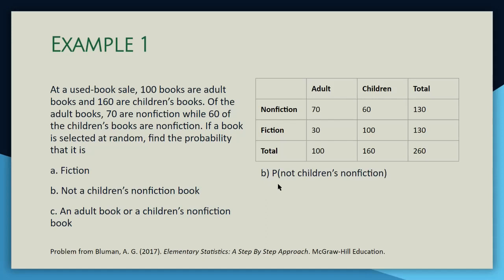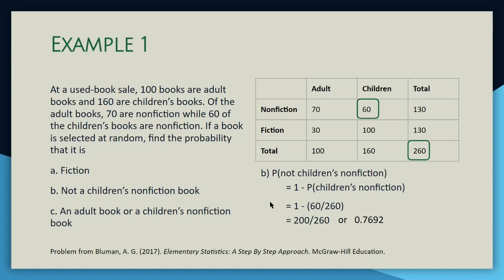Not children's nonfiction should be 1 minus children's nonfiction. So 1 minus children's nonfiction, this is a little easier to calculate. We know that that should be 60 over 260. So 1 minus 60 over 260 gives us 200 over 260, or 0.7692.